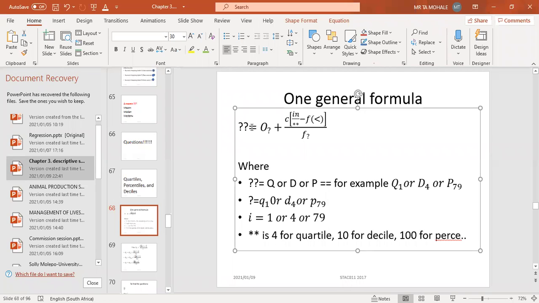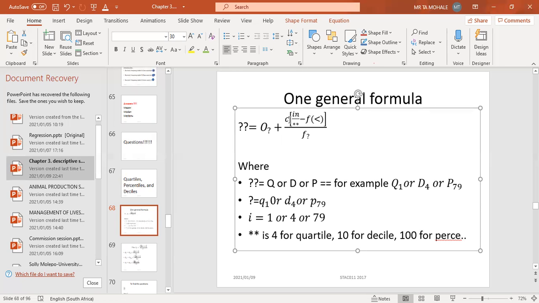If it's decile 4, you write D4 wherever you see the question mark. If it's the 75th percentile, you write P75. If it's the third quartile, you write Q3. The question mark denotes the measure of location you are calculating.